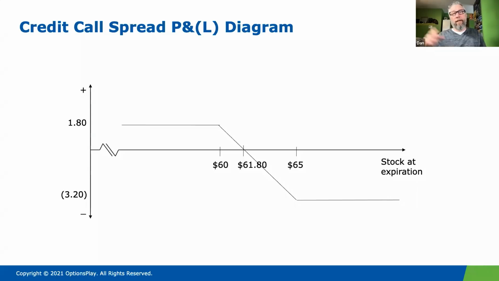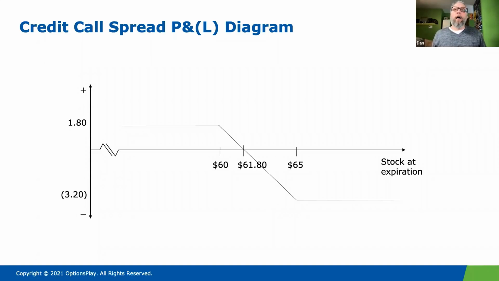And if it's above $65 a share, I would exercise that 65 strike call and buy back the stock I sold at 60 at 65, locking in a loss of $5. But I collected $1.80 a share, so the net loss is just $3.20. That's the most I can possibly lose on this trade.